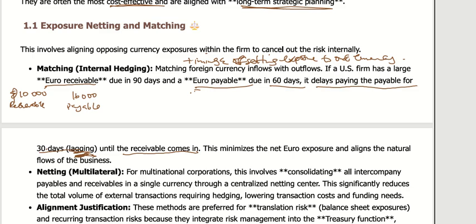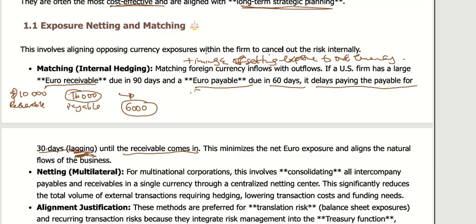So this is how much you're supposed to pay, this is how much you receive. When you delay, it simply means that the 10,000 that you receive will go straight to offsetting part of the 16,000, meaning that the only amount you would have to buy on the market would be 6,000 euros, unlike buying the entire 16,000 euros.